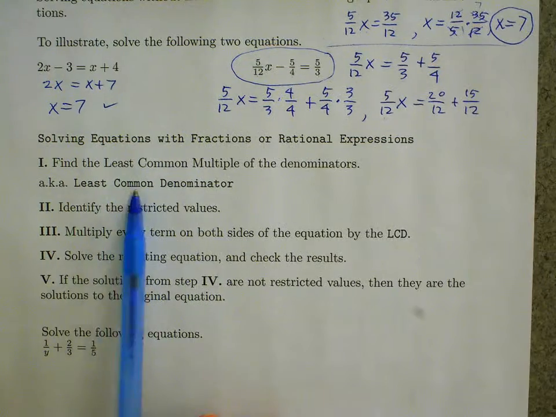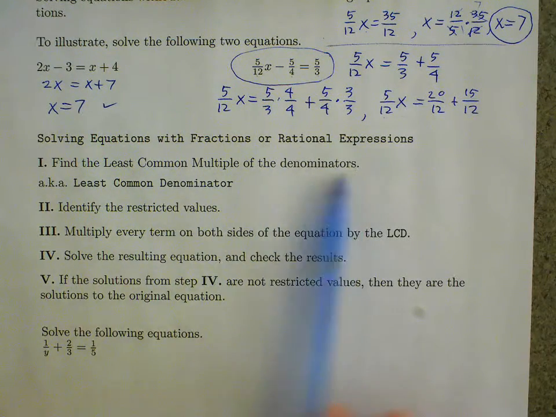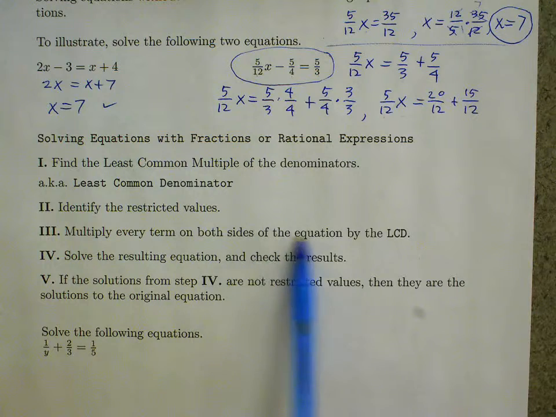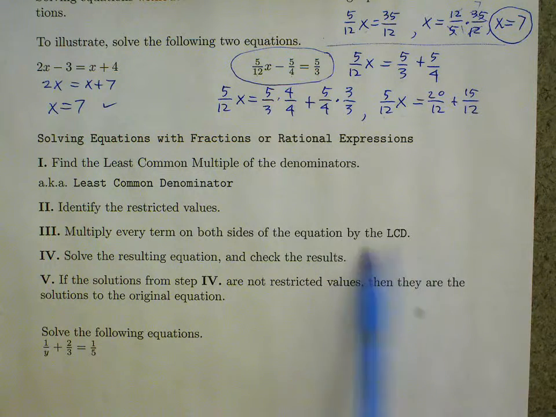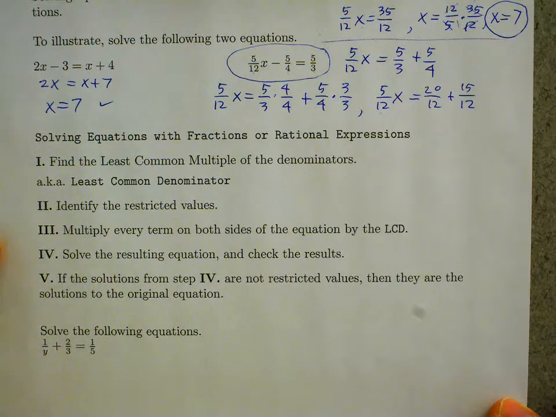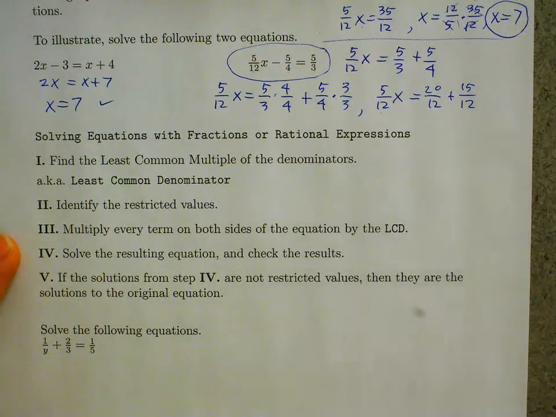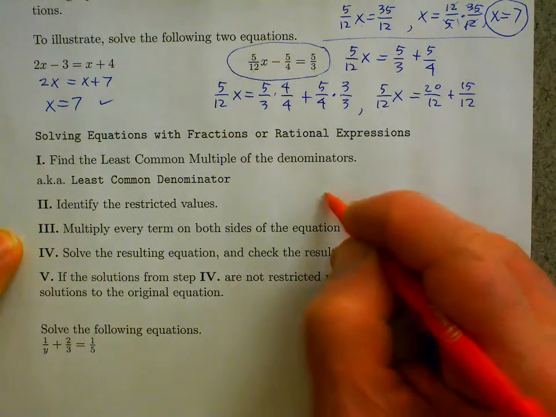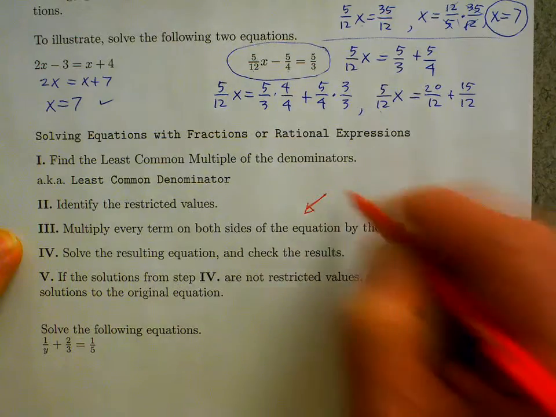Then after you find the least common multiple of the denominators, multiply every term on both sides of the equation by the least common denominator. This is sometimes referred to as clearing the denominators.